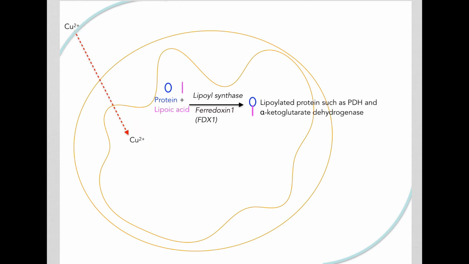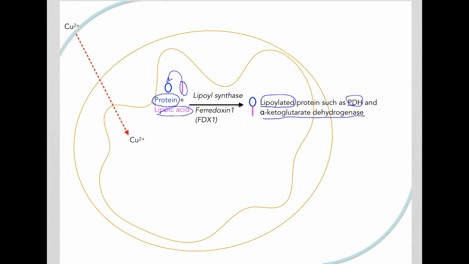Now in the mitochondria, we have this reaction where several mitochondrial proteins are lipoylated. Basically, lipoic acid is attached to the protein. Proteins such as pyruvate dehydrogenase complex components and components of alpha-ketoglutarate dehydrogenase are lipoylated.